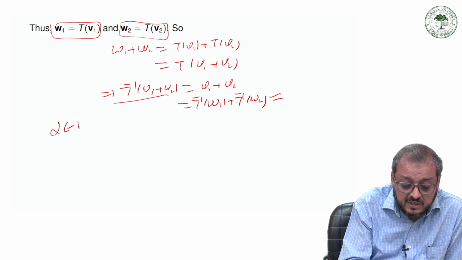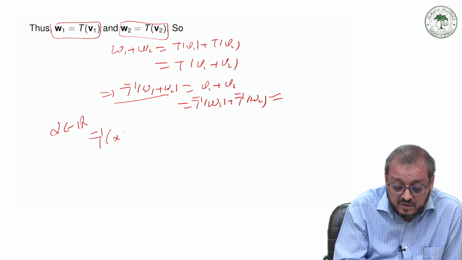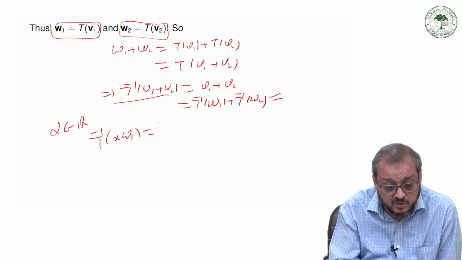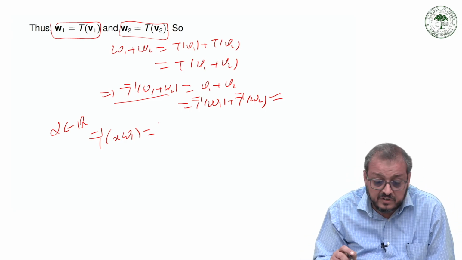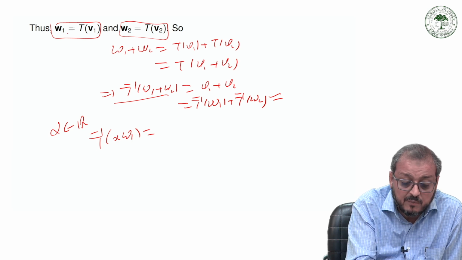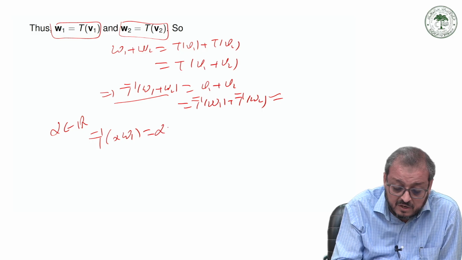Now alpha is any real number, so we have to say that T inverse of alpha times w1 is equal to some v, whatever we are just assuming, and then we try to show that this is the form of alpha times T inverse of w1.